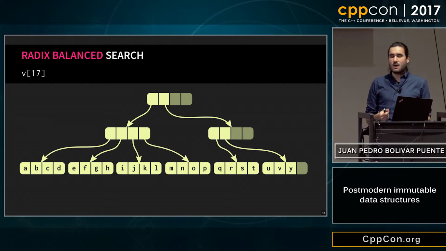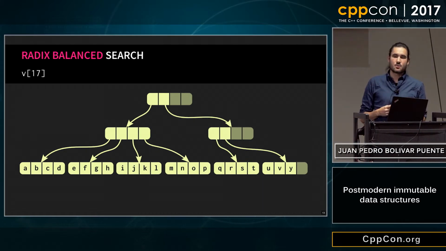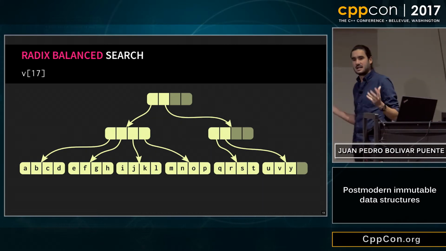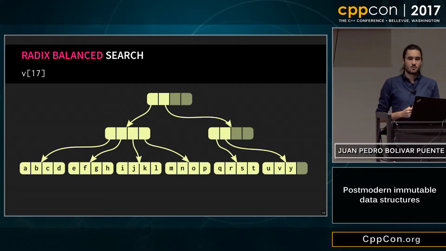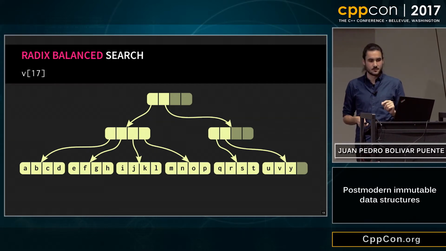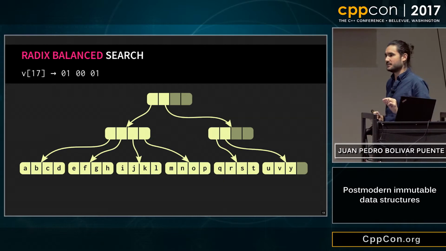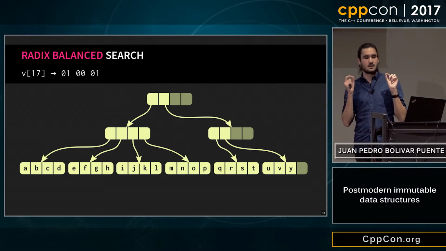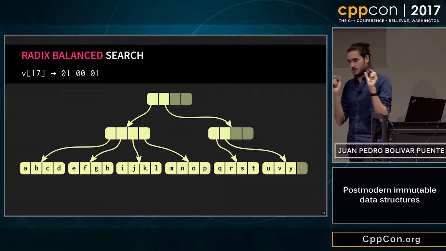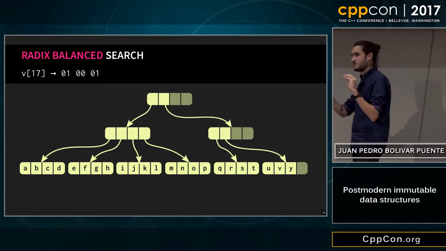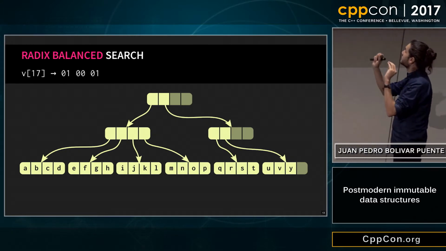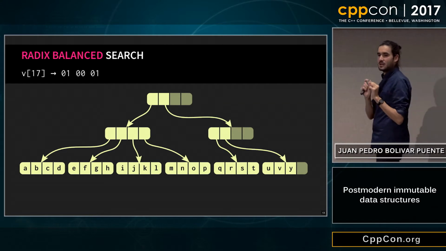So how does this data structure work? Let's say we want to find an element in this tree. Let's say we want to find the element at index 17. First thing we do is we split the index, so we represent it in binary, and we split it in groups of b bits, right?